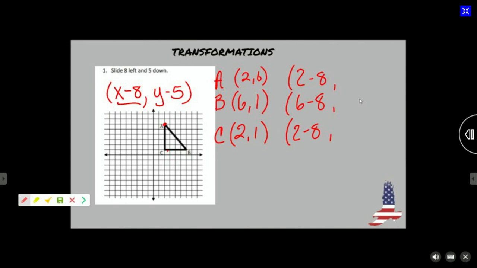I'm going to get a different color here. My y's are 6, 1, and 1. What do I have to do with my y's? Minus 5. That's you showing me your work.